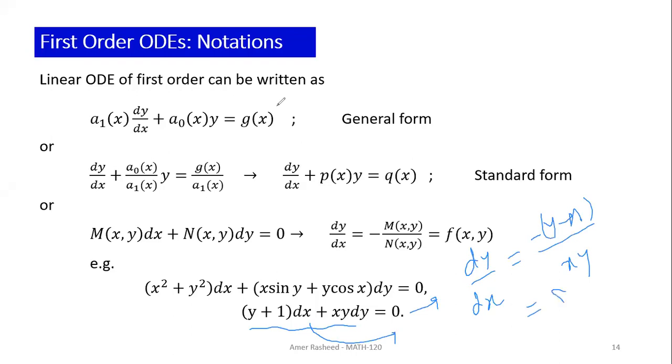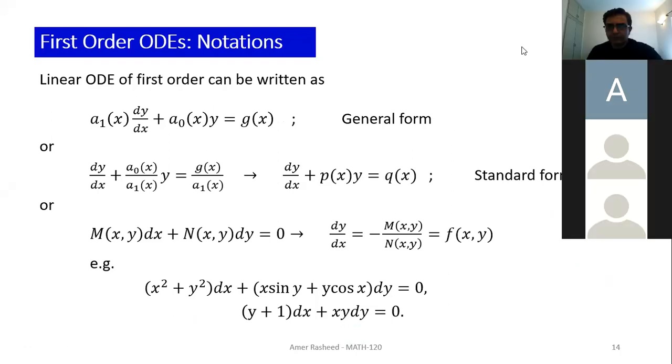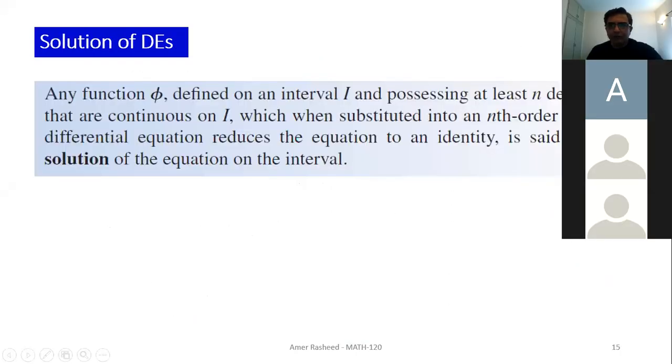So what is this? This is your function of x and y. So this is basically first order differential equation. So these are few notations of the first order differential equation. I hope you got it. If you have any question, you can ask me. Otherwise, we are going to move forward.